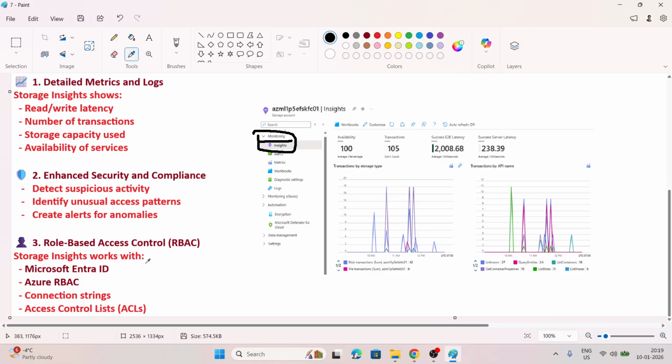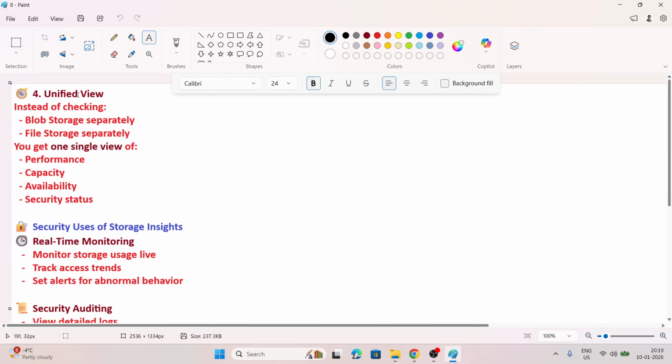Storage Insights works with Microsoft Entra ID, Azure RBAC, connection strings, and access control lists, ACLs. It also provides a unified view: instead of checking blob storage and file storage separately, we get one single view of performance, capacity, availability, and security status.